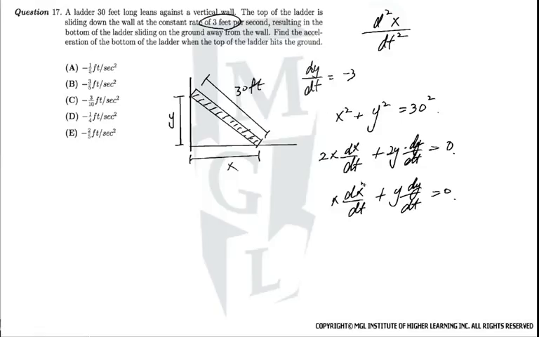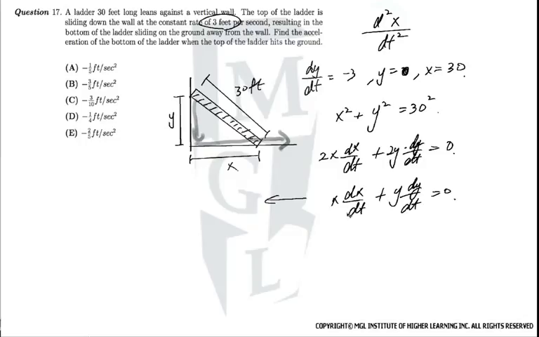Okay, so dy over dt is given to be negative 3. So from here, I can actually figure out what dx over dt is when the ladder hits the floor. So that's another information. y is equal to 0. Well, if y is equal to 0, x is equal to 30. When this hits the floor, this will stretch out all the way to 30.